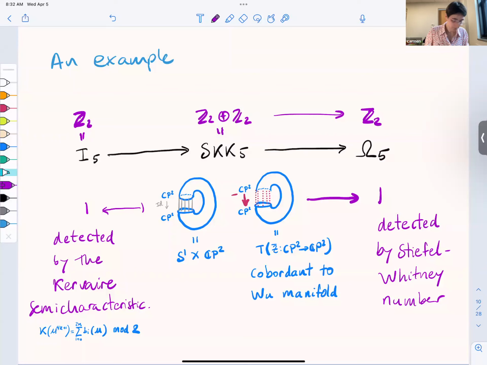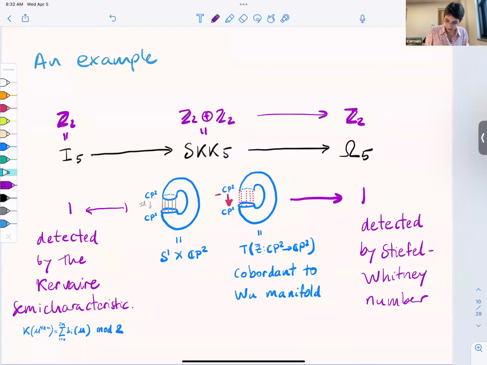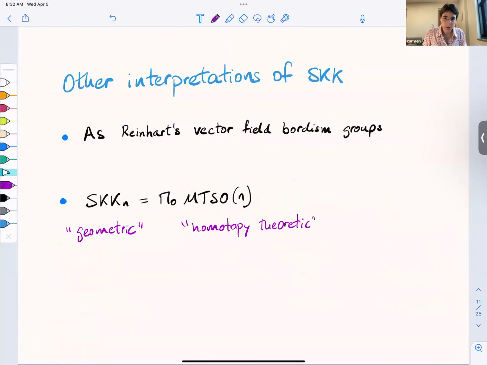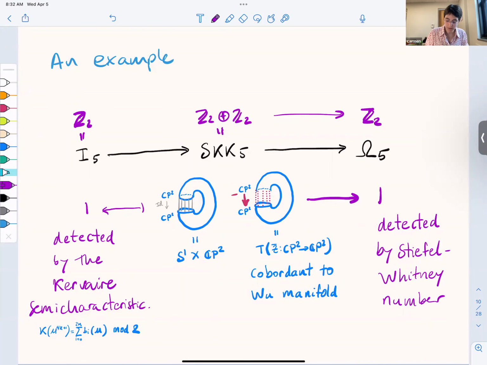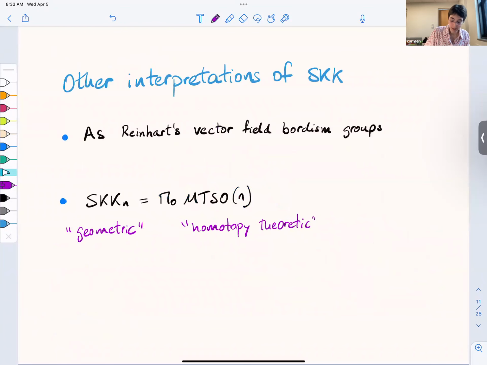Okay, so let's see a little bit more about SKK. We're not going to go into depth into this, but I wanted to mention that this SKK group has different interpretations. The interpretation that I'm working with is this cut and paste definition of the group, but it can also be interpreted as vector field bordism. Those just coincide with right-hand vector field bordism groups.